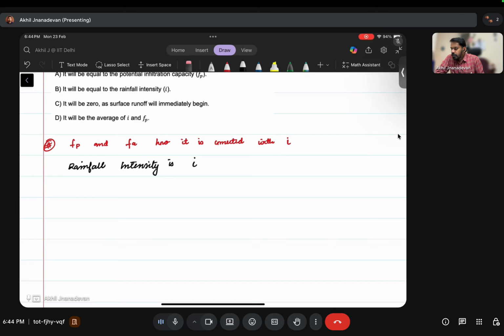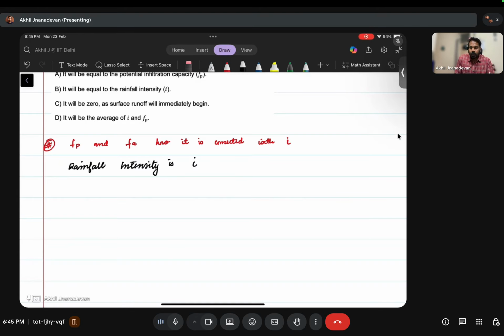So if rainfall is occurring at a rate which is higher than what the soil can absorb, then infiltration will be at the maximum rate, right? There is a maximum limit to the infiltration that can happen at a particular time.